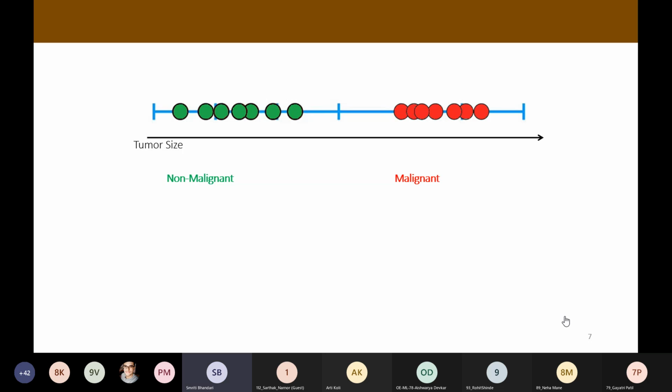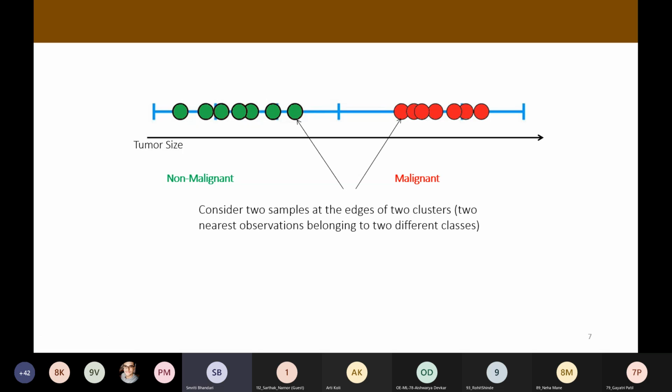Now let us see what we can do to come up with a better estimate. See here, this is the green sample, which is at the boundary. And similarly, this is a red sample, or the malignant sample.